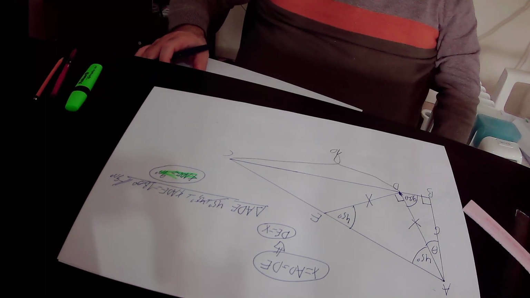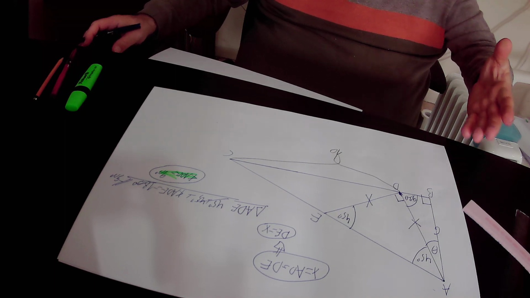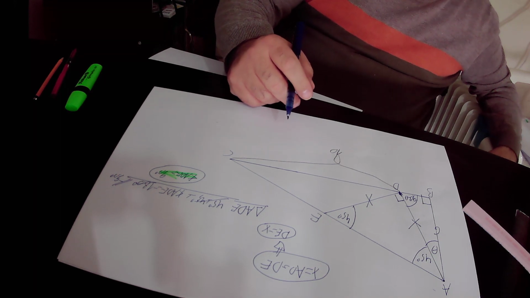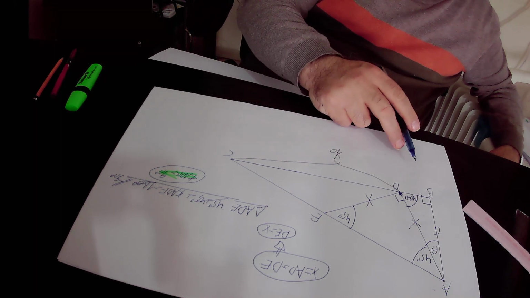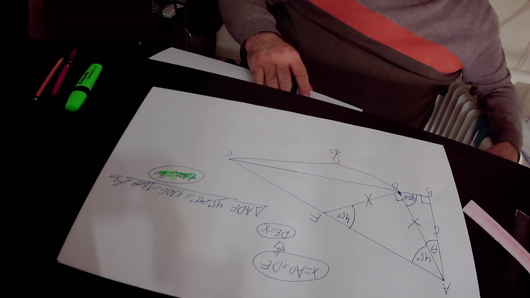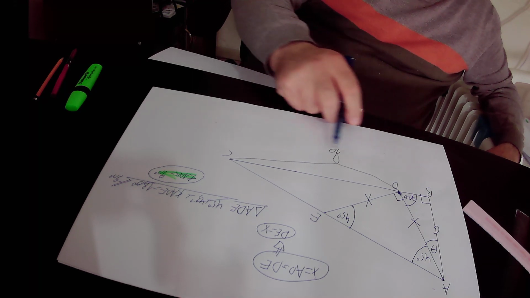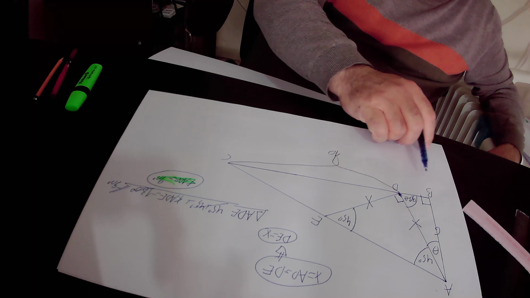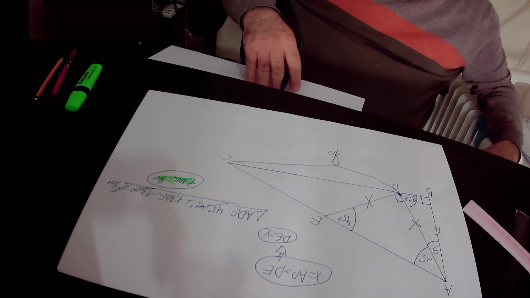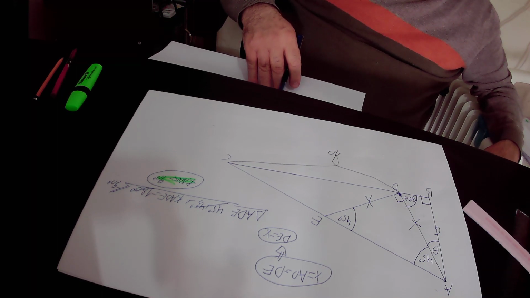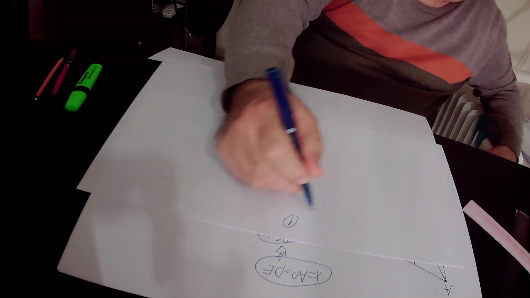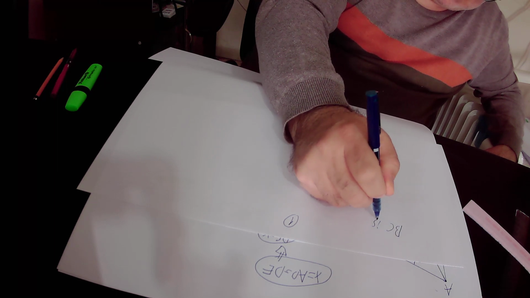It is given in the question that triangle ABC is a right triangle, and line segment BC is one side of triangle ABC, therefore it is absolutely a straight line.